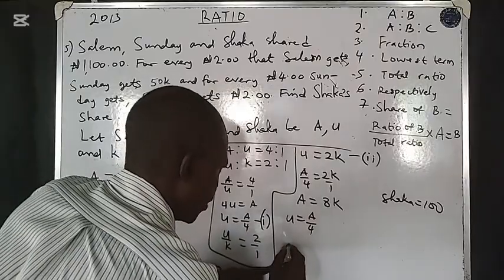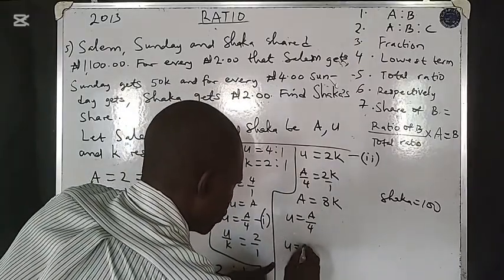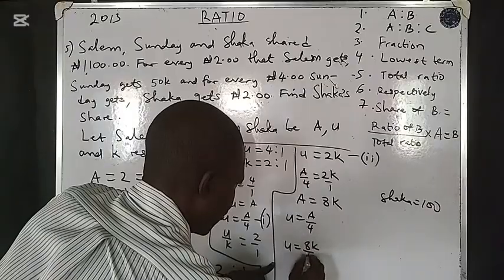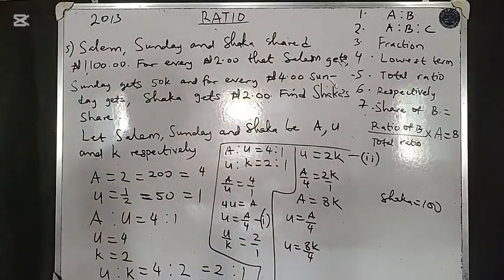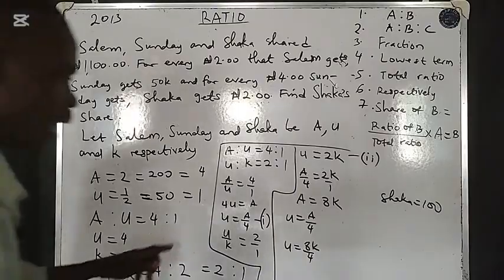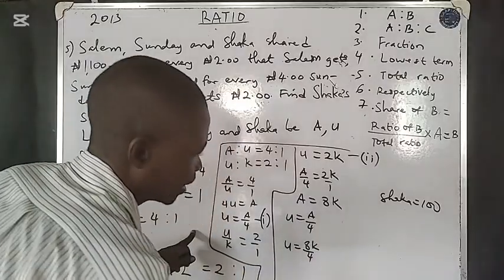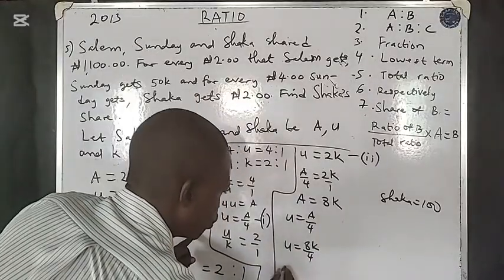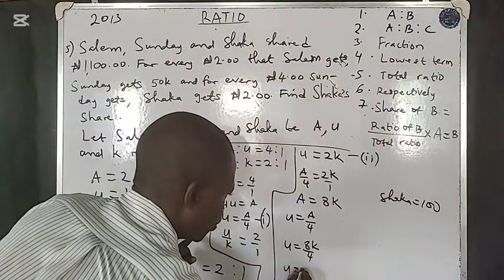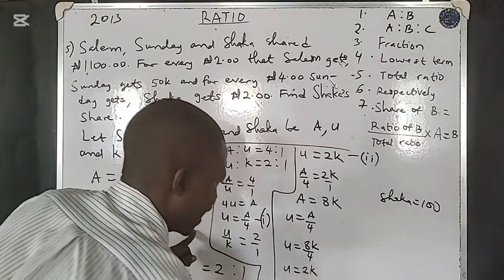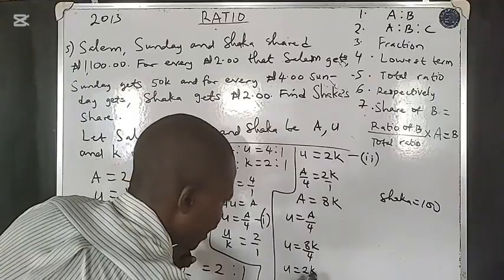Then that means I will write U equals 8K over 4, right? And 4 can go into 8, how many times? 2. So U equals 2K.